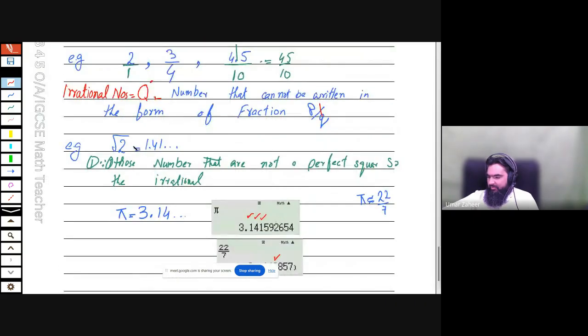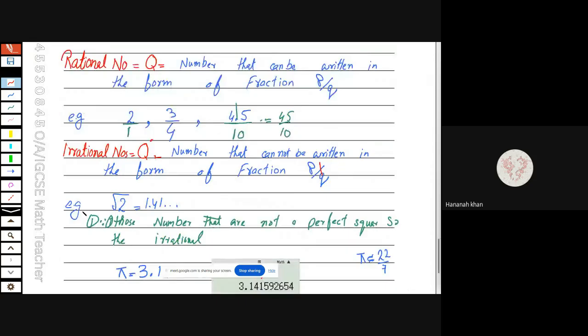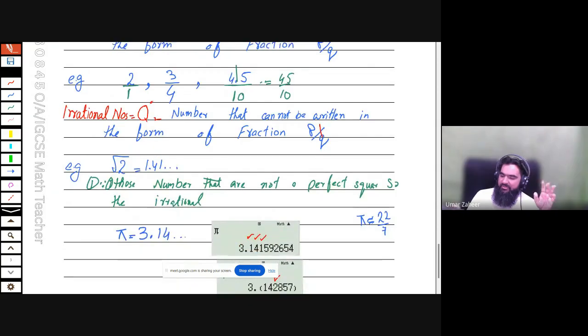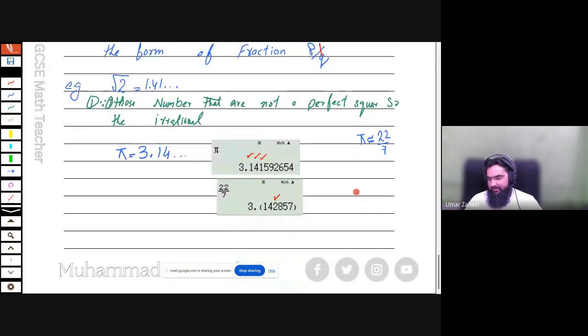Now, does anyone have a question about irrational numbers? No, sir. Okay, look at here. When we talk about rational numbers, all numbers, positive, negative, decimal, that can be written in the form of a fraction are rational numbers. And the numbers that cannot be written in the form of fractions are irrational. If you combine both sets, you will get a new set known as real numbers.